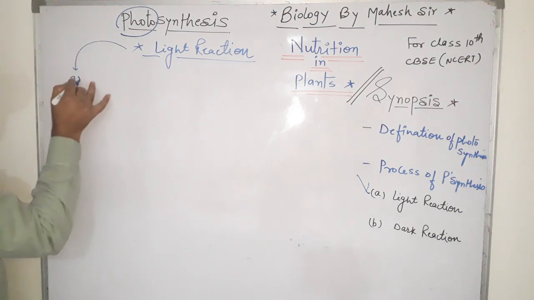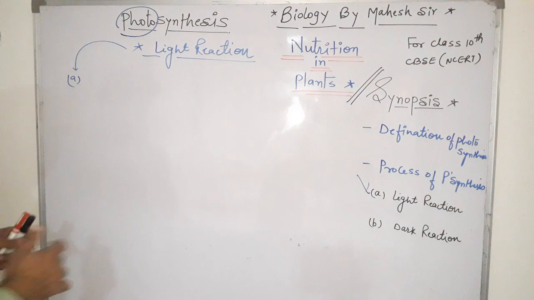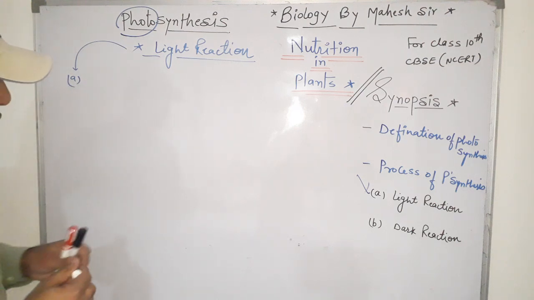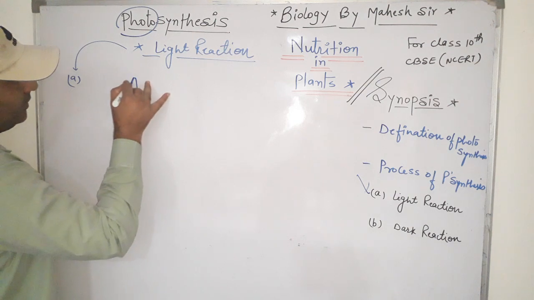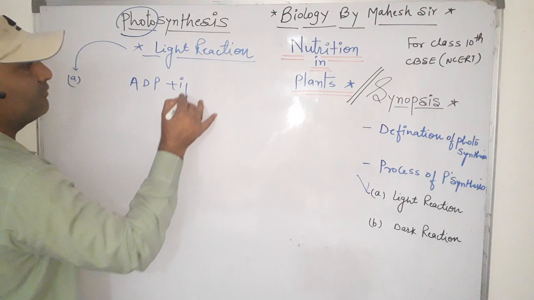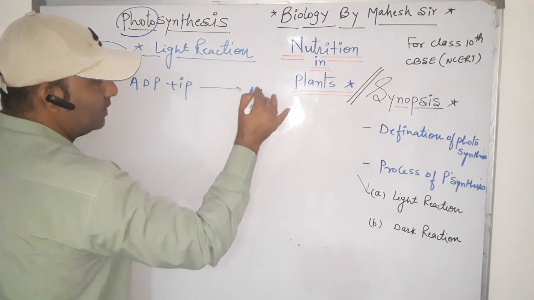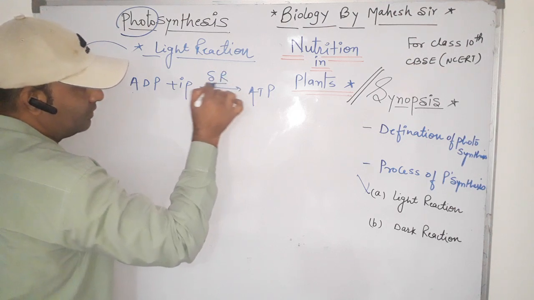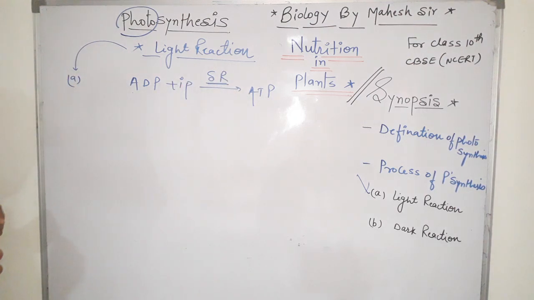First of all, the definition of light reaction. The light dependent reaction in which solar radiation is used to produce ATP. At that time adenosine diphosphate plus inorganic phosphate join and convert into ATP with the help of solar radiation. That is called light reaction.